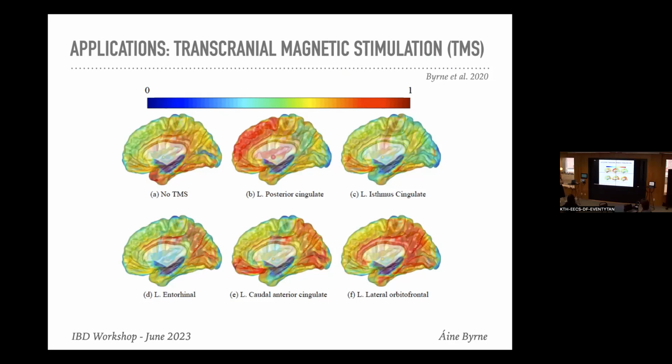And there are all these different measures of your network structure that change depending on where you stimulate with this TMS. So again, it's kind of exploratory work. We haven't really dived into what it means in terms of treatments for different disorders, but that is in scope. That can be something that is done in the future. I'd be happy to talk to anyone if they're interested in that type of thing.